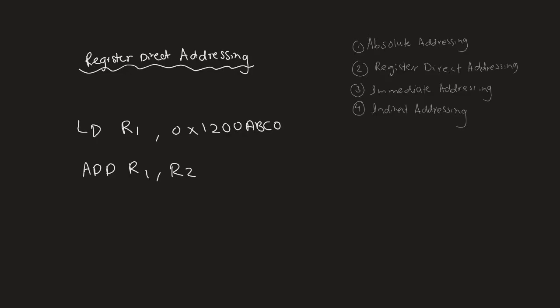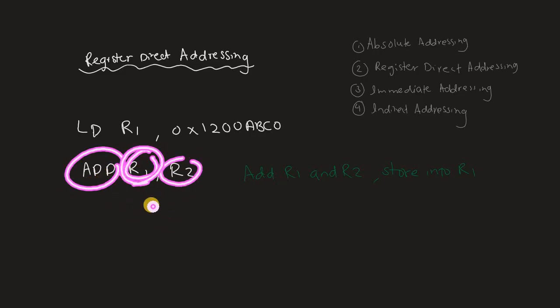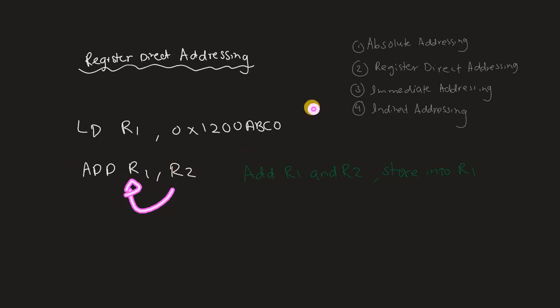Basically if you want to interpret this, this means add R1 and R2, and then we're storing the result into R1. If you don't understand, what we're saying is adding these two, and since R1 was read in first, whatever result we get, we're storing it into R1.